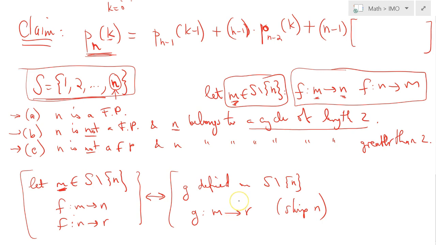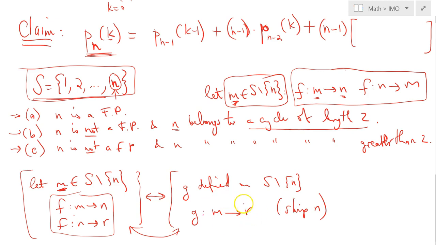What I'm saying is that G coincides with f for all the others. It sends m to r, and that's the only distinction, but everywhere else it coincides. These two permutations otherwise send the same elements to the same elements.